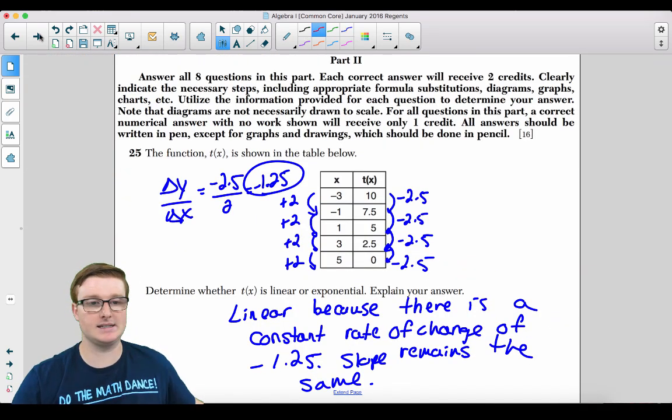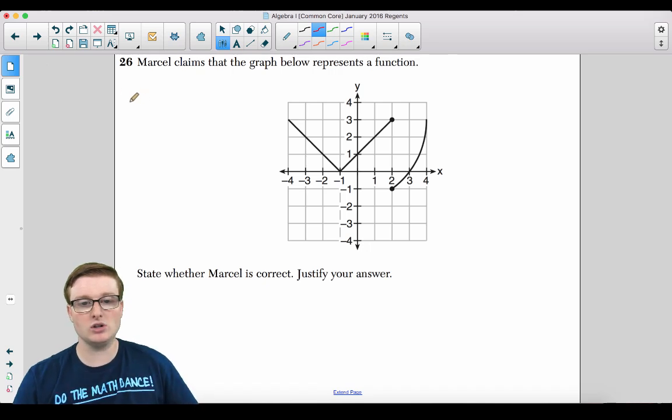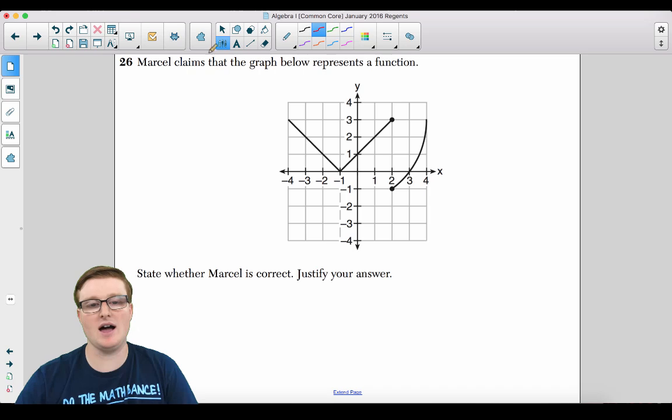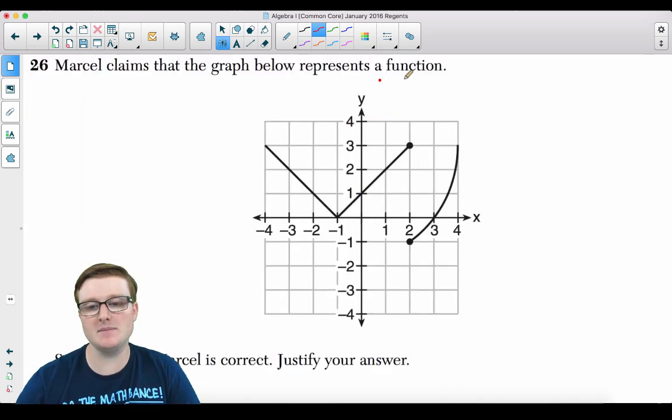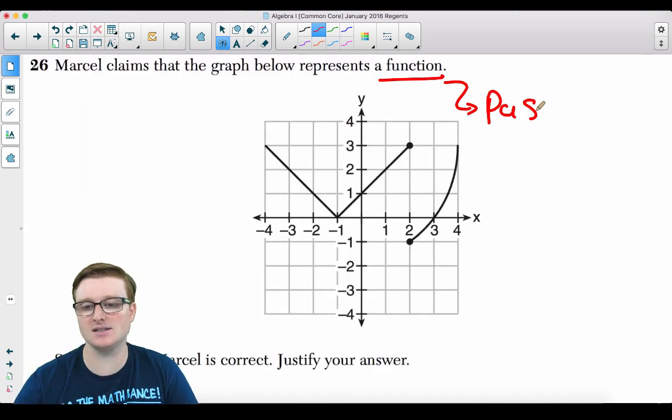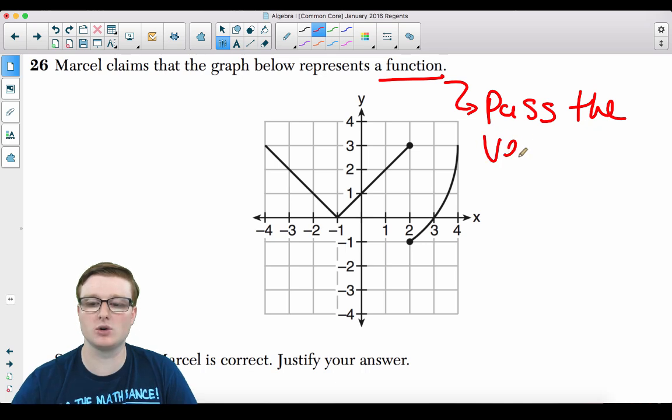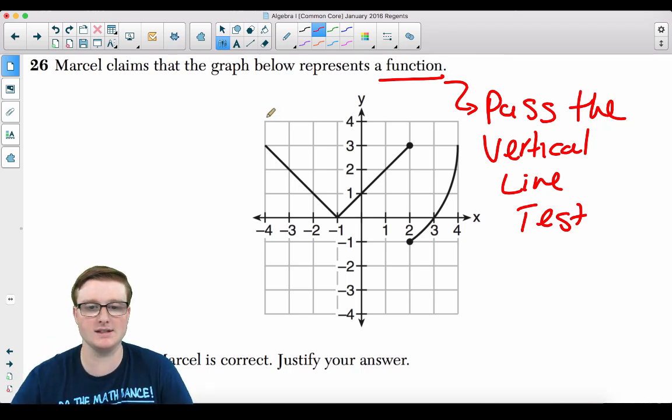Moving on to 26. Marshall claims that the graph below is a function. State whether Marshall is correct. Justify your answer. So in order for this to be a function, it has to pass the VLT, or the vertical line test. Does this graph do that? Well, let's see.